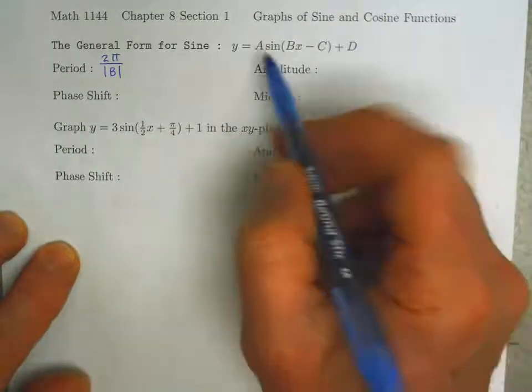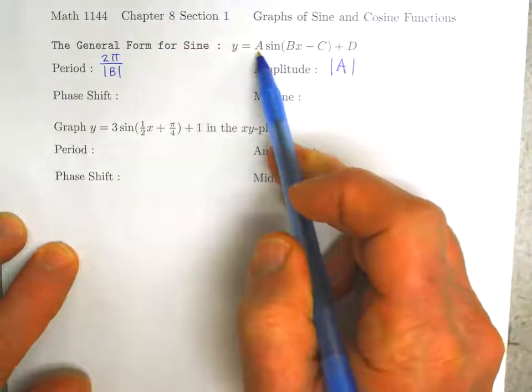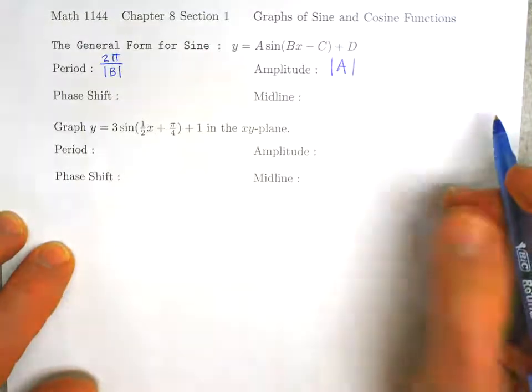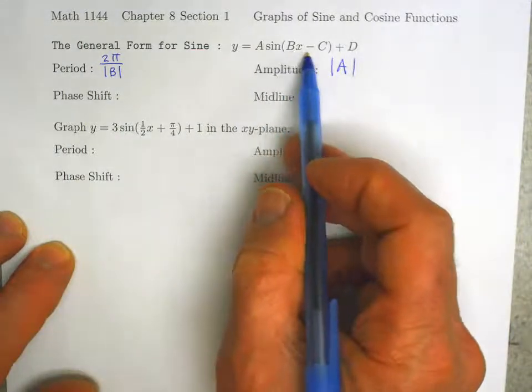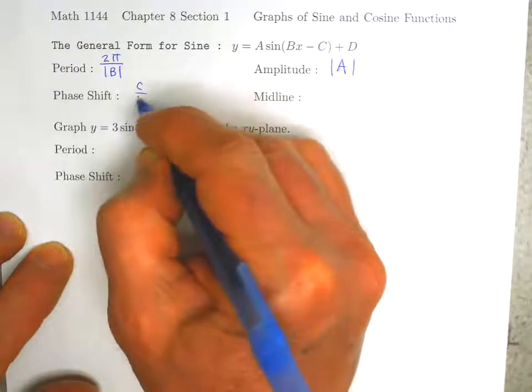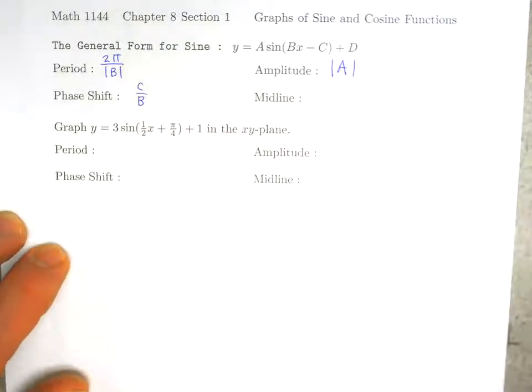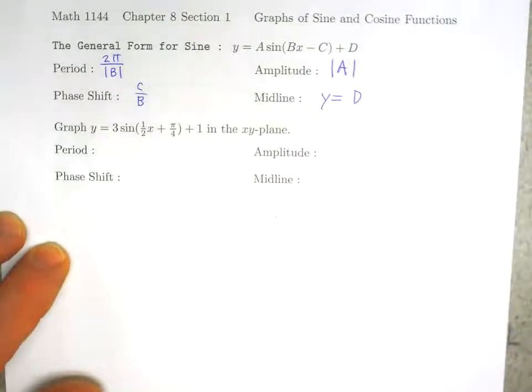The amplitude is the absolute value of the coefficient a. The phase shift, if you have bx minus c, is c divided by b. And the midline is y equals d.